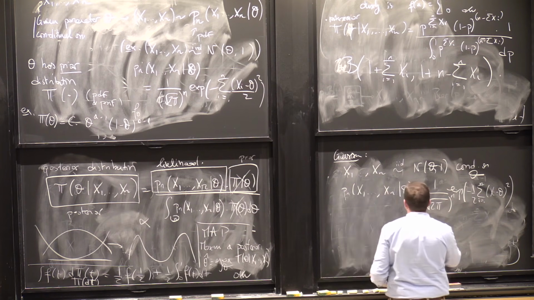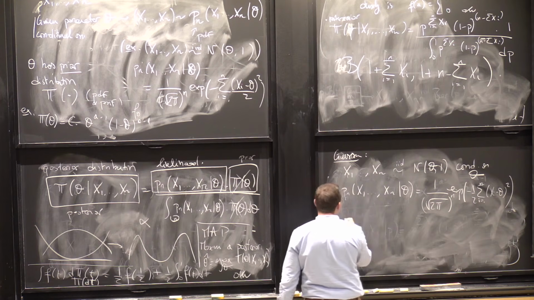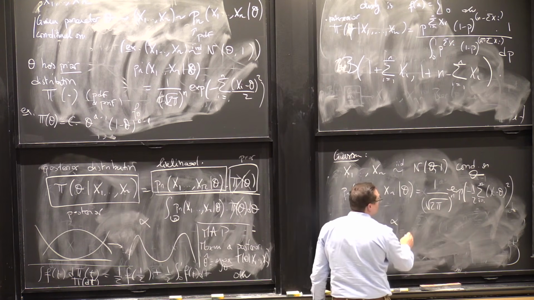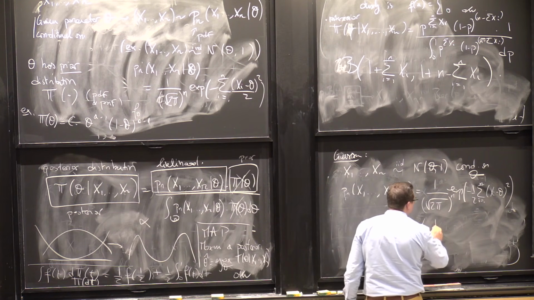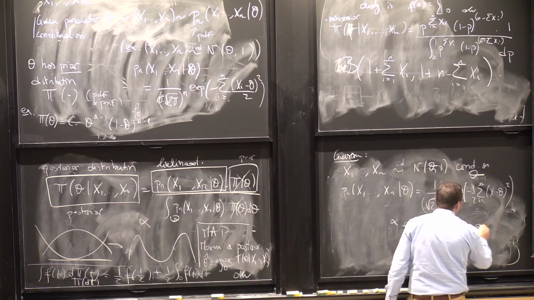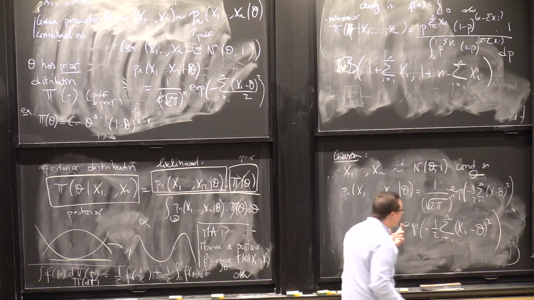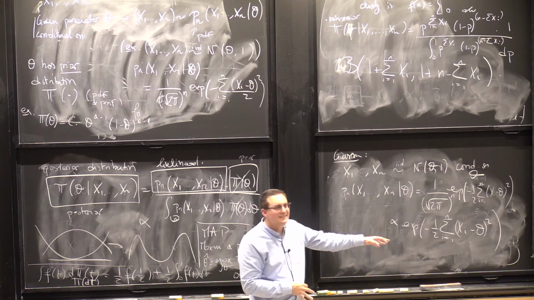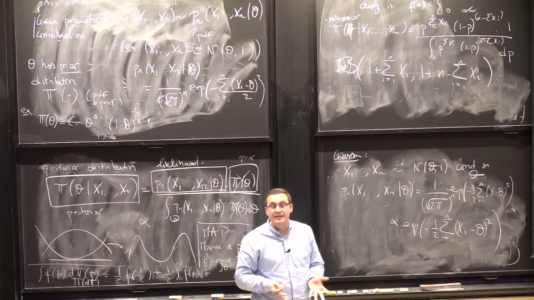But if I look at this, essentially this is proportional to exponential of minus 1/2 sum from i equal 1 to n of (xi minus theta) squared. And now I want to see this thing as a density not on the xi's, but on theta, right?